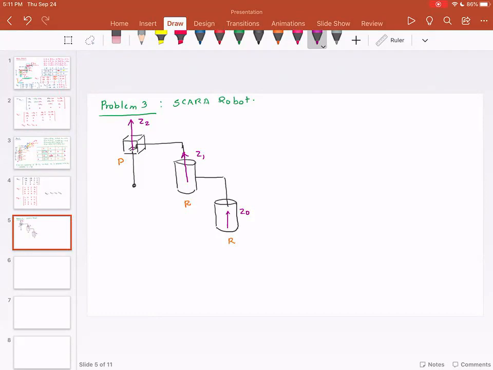You can consider Z2 to be going upwards even though your joint variable is going downwards. You see what I'm saying? So my Z2 is going upwards, but the joint variable or the extension of the SCARA robot is going downwards.